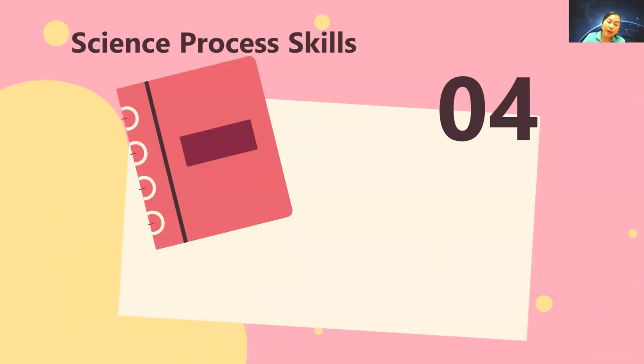So we are now in number 4, but before we go to number 4, let us review first. The first one is observing. We use our 5 senses. Number 2 is measuring. We use different measuring tools or measuring devices. Number 3 is classifying or grouping the things.